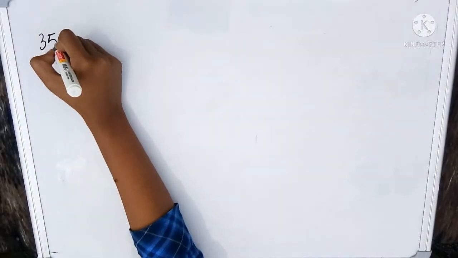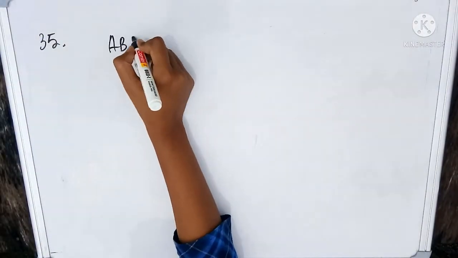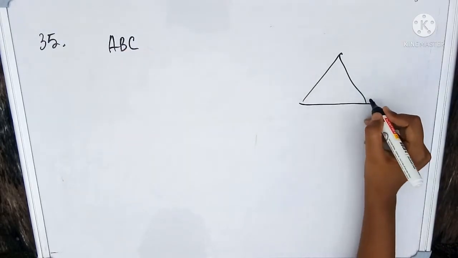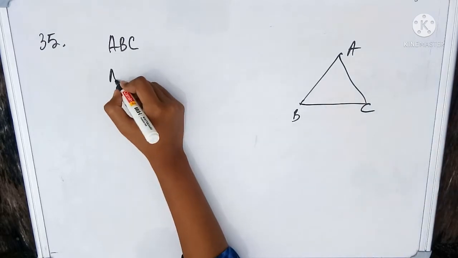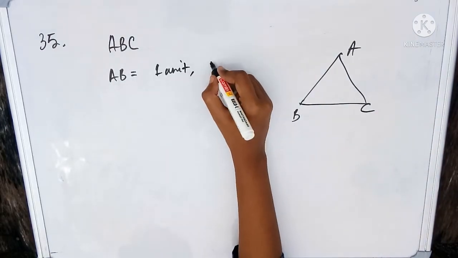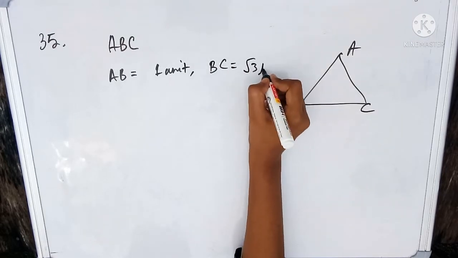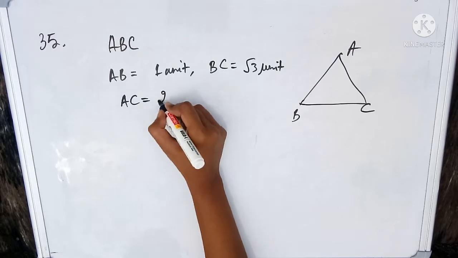Question number 35 says that here we have a triangle ABC, and it is given that AB is equal to 1 unit and BC is equal to root 3 unit, and also we have AC is equal to 2 units.